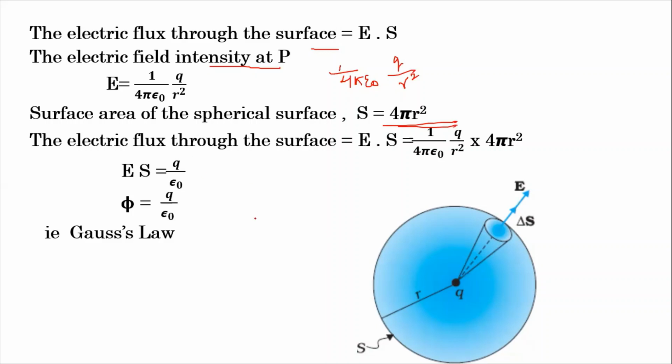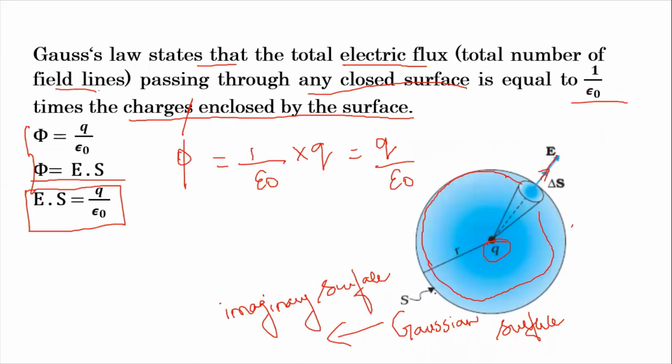So E dot S will be 1 by 4 pi epsilon naught Q by R square into 4 pi R square. R square cancels, 4 pi cancels, and you get Q by epsilon naught. So E dot S is equal to Q by epsilon naught. This is what we wrote in the previous slide also.